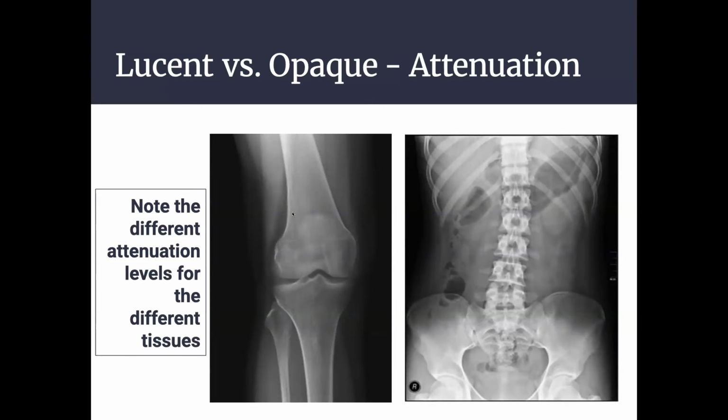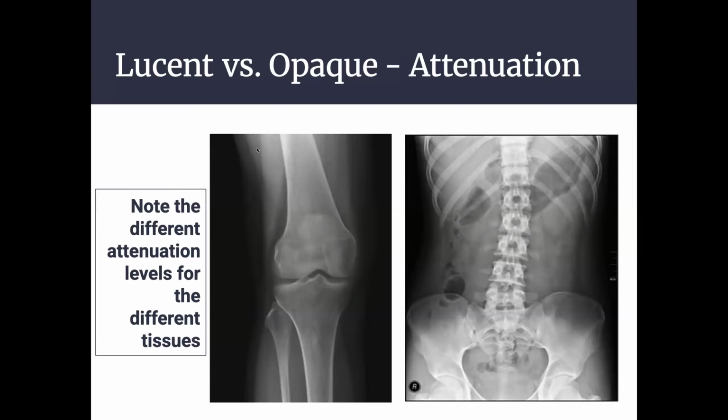Okay. So on the left-hand side, you're looking at the X-ray of a knee. And on the right-hand side, you're looking at an X-ray of the abdomen and the pelvis. Okay. And they look very different. The one on the left has a lot more attenuation in the bone than it does in the surrounding muscle.